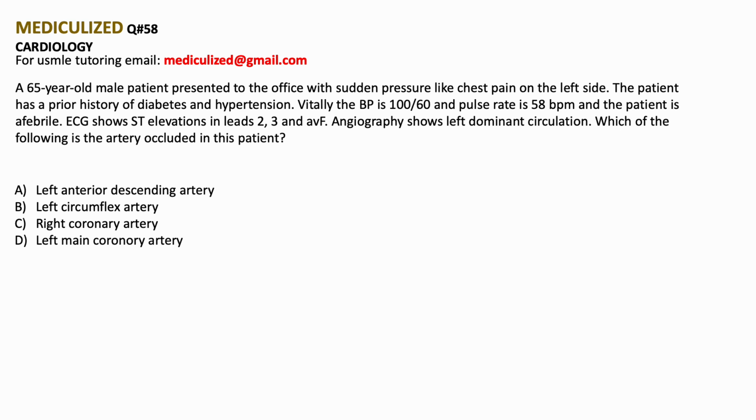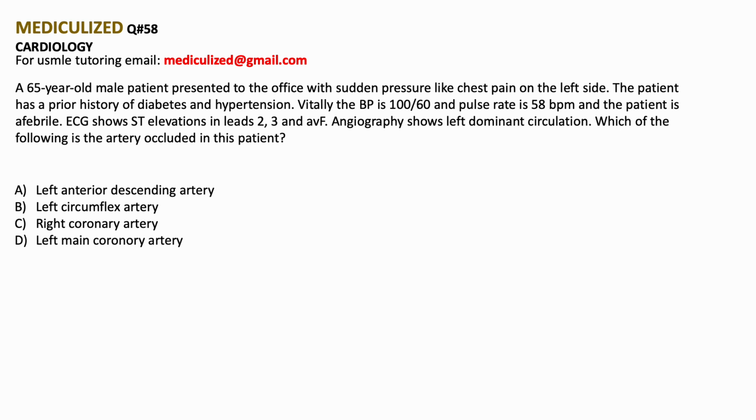When you have ST elevations in 2, 3, and aVF, that's the inferior wall, which in the majority of patients is supplied by the right coronary artery, because the majority of patients have right dominant circulation. We will talk about right and left dominant circulation, because you absolutely need to know this for Step 1. For Step 2, you may or may not need to know this, because this is a more anatomical question. So we have to know the arteries.